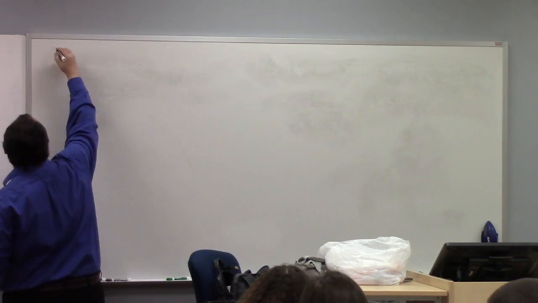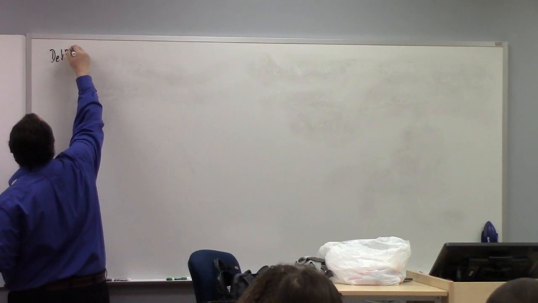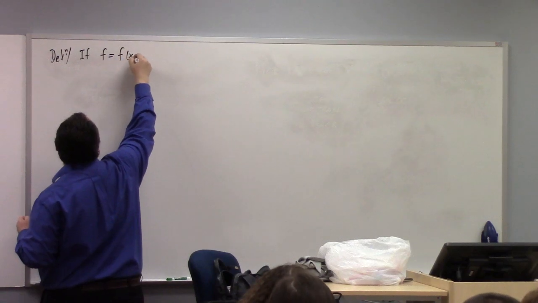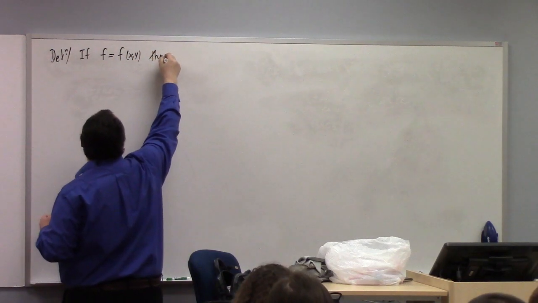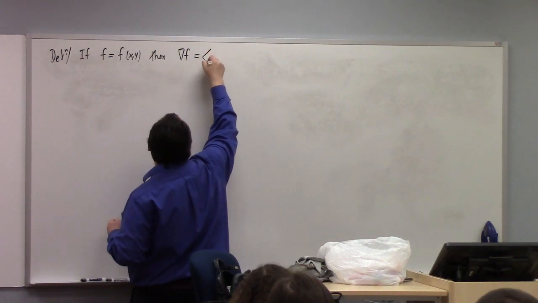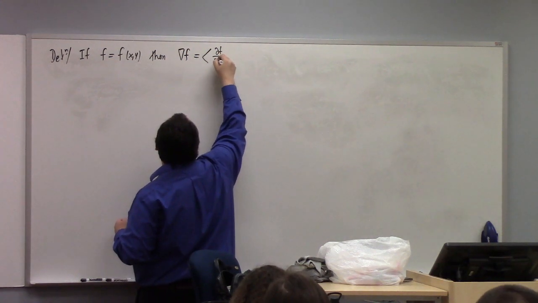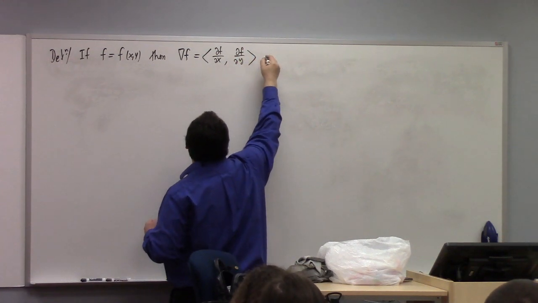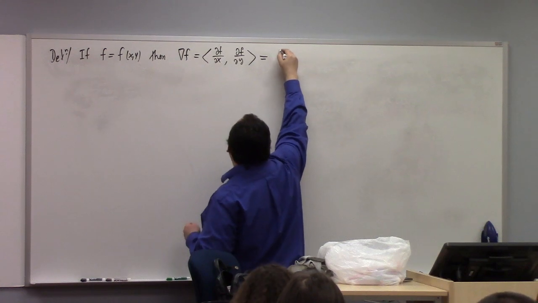So being that you're not totally confused, I should introduce something else to confuse you. That's my job. So, definition: if f is equal to a function of x and y, then the gradient of f, or nabla f, is equal to partial f partial x, partial f partial y. By the way, we can give a more abbreviated notation for this if you like.